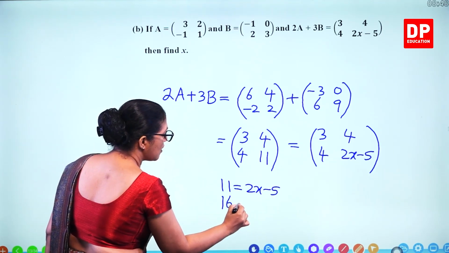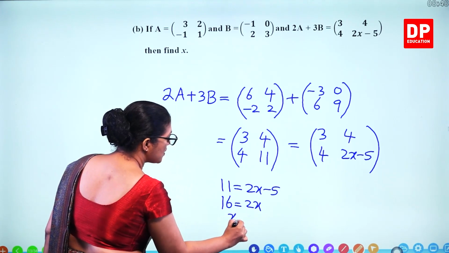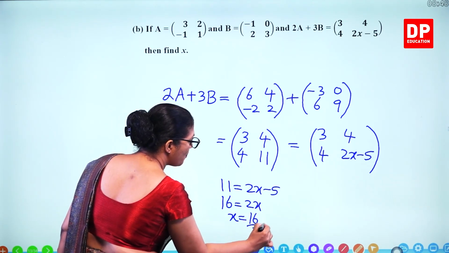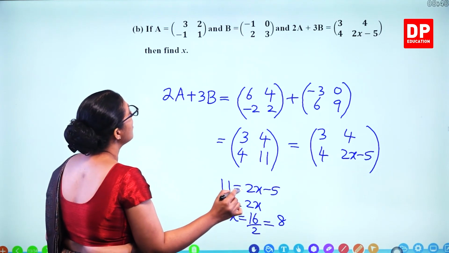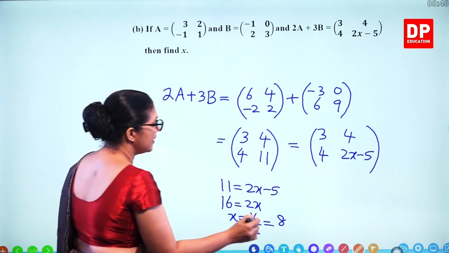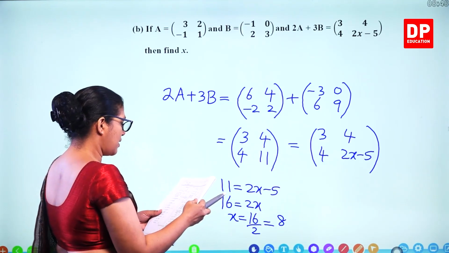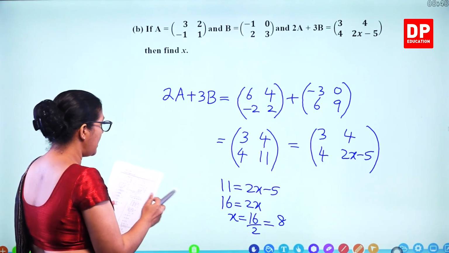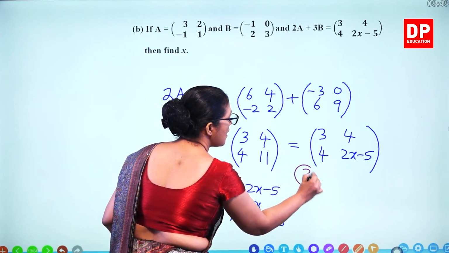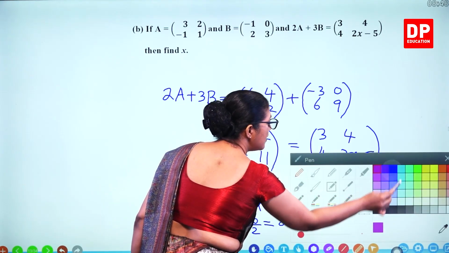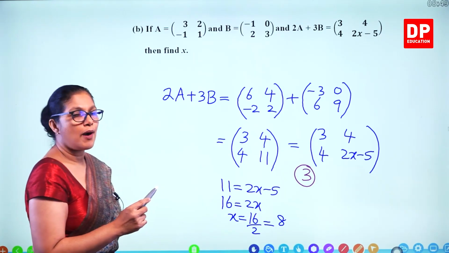So, 16 equals 2x. x becomes 16 divided by 2. That's 8. So, x equals 8. So, 3 marks for this one. 7 before and 3 here. Altogether 10 marks.